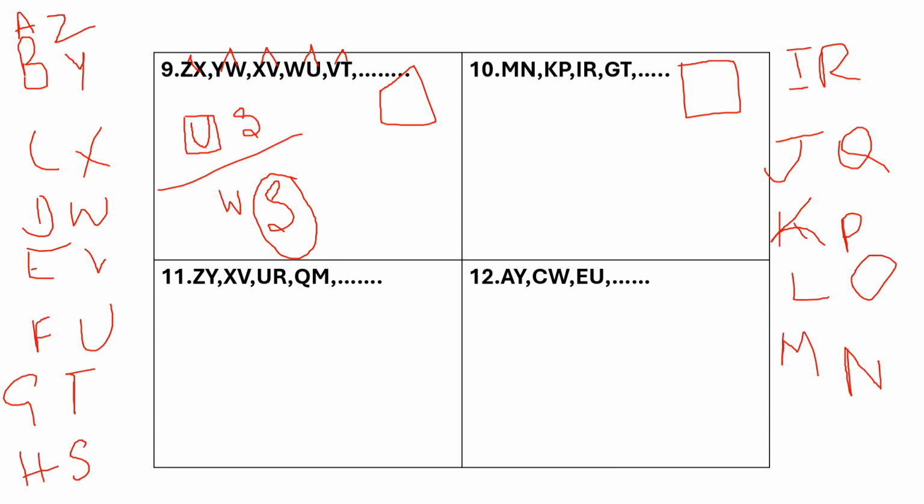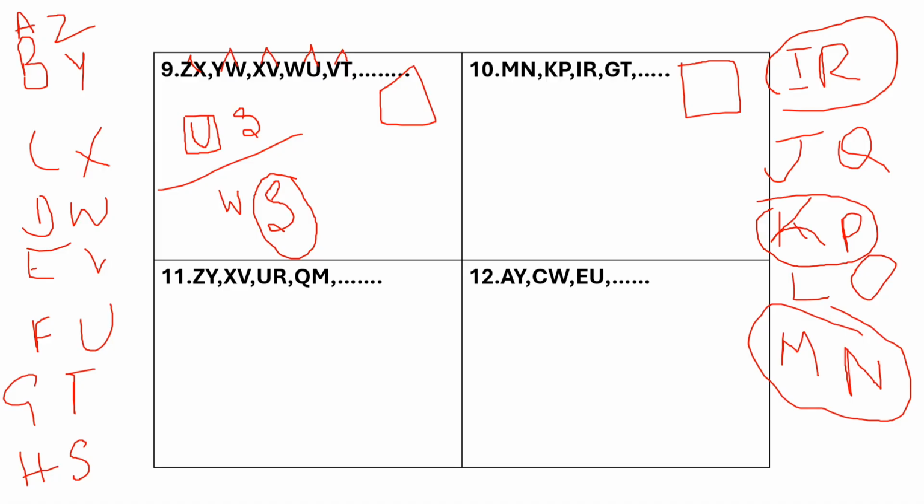First one is M N, K P, I R. Next, there's a gap of one. Next, G T. Next term absolutely E B. So answer is E B.